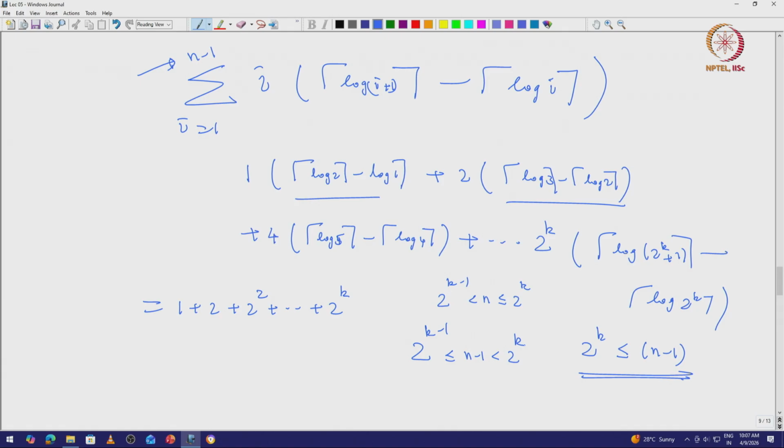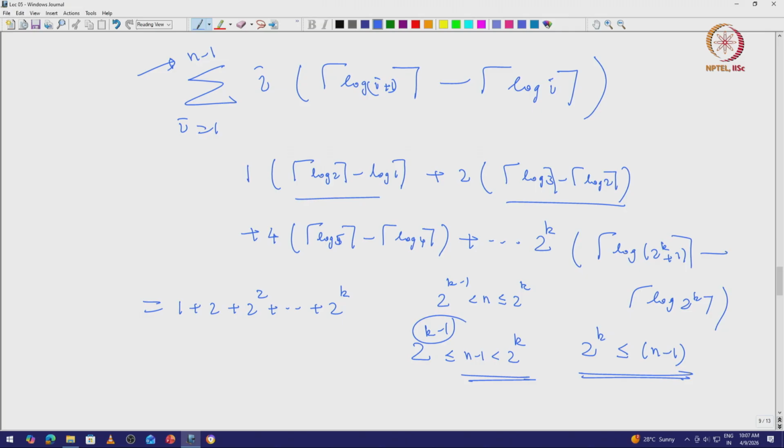I am subtracting 1. So, n may be less than or equal to 2 power k. Now, n minus 1 is strictly less than 2 power k. Therefore, the largest power of 2 that is less than or equal to n minus 1 will be k minus 1.